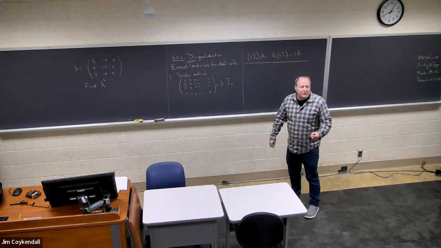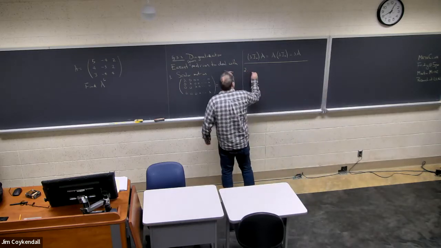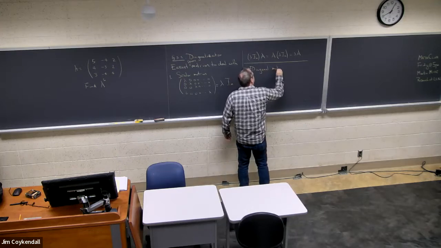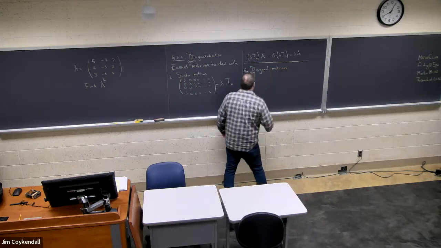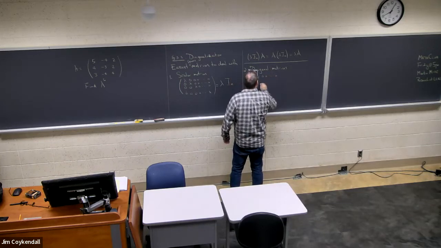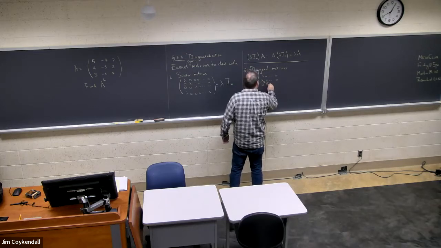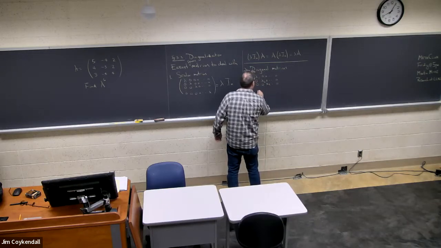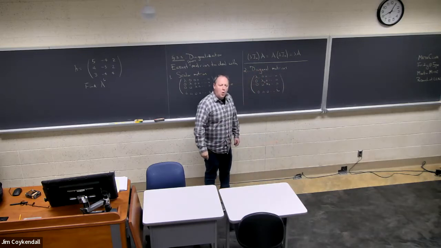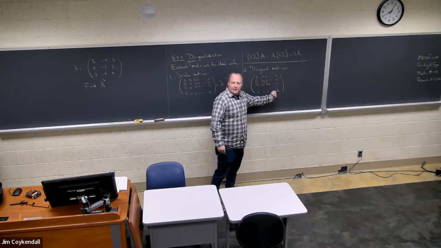The second easiest are the ones that are diagonal. They're not quite as nice as scalar matrices because the values along the diagonal can be different.